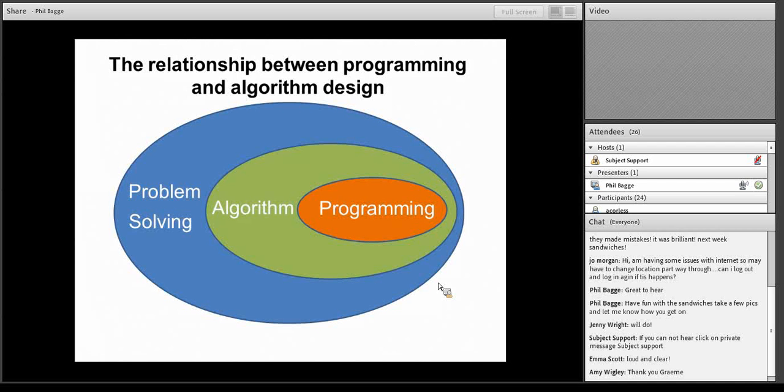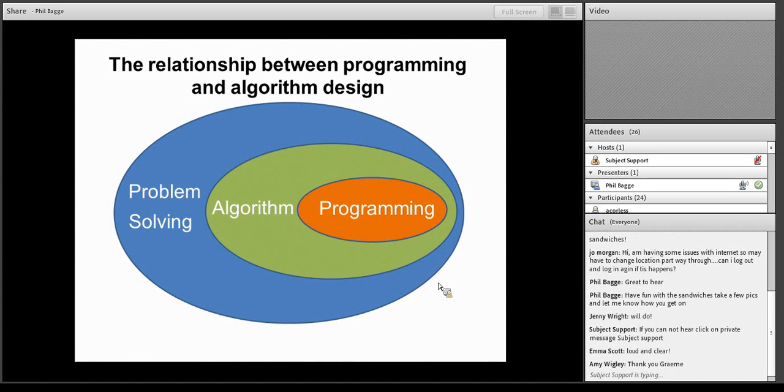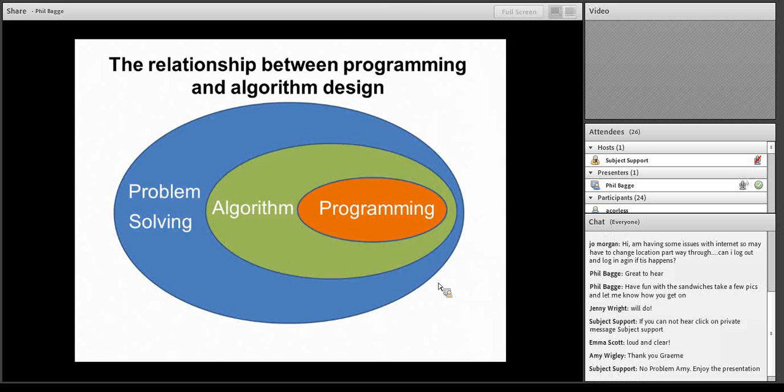All they're using, though, when they use a programming language, is a specific language to actually do that. Be that the language of something like Logo, with its forwards and rights and lefts and repeat commands, or it might be using the language of Scratch with its blocks that snap together, or it might be using the language of a more formal programming language like Python, which is all in text.